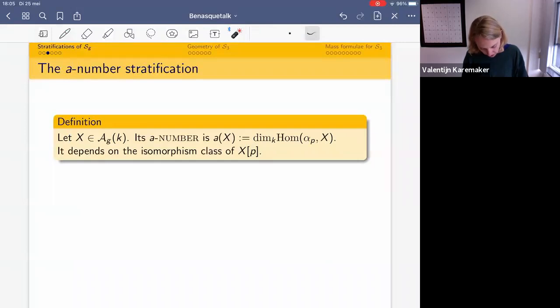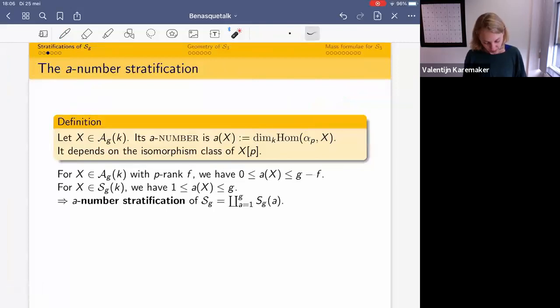This invariant is called the a-number. The a-number of an abelian variety, any abelian variety, is the dimension of the Hom space of alpha_p into X, where alpha_p is a finite group scheme, the kernel of Frobenius on the additive group. So this a-number depends not on the isogeny class of the p-divisible group, but on the isomorphism class of the p-torsion. So a slightly different notion.